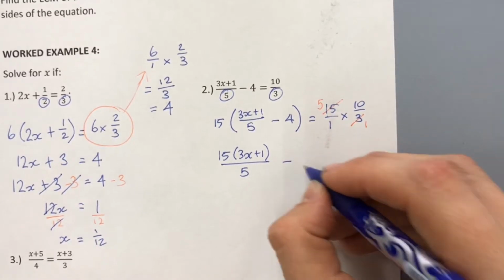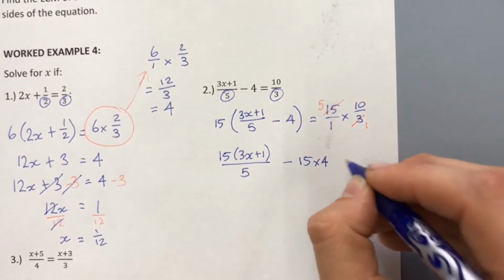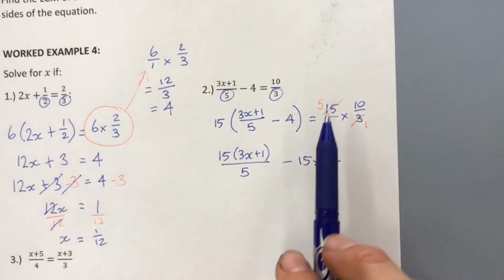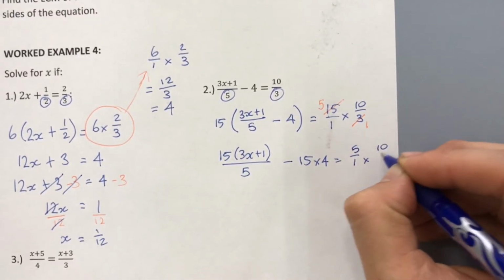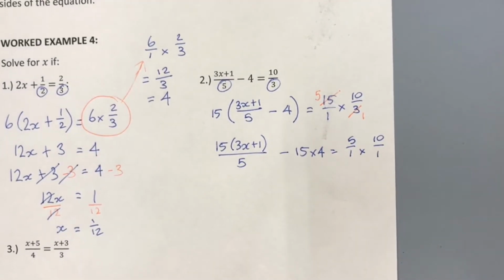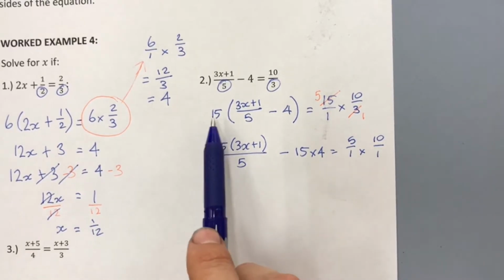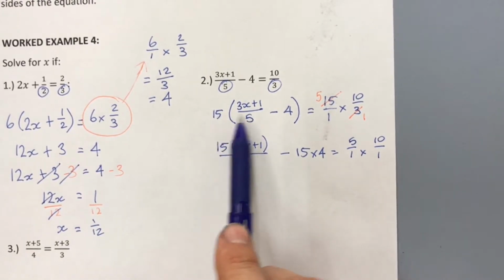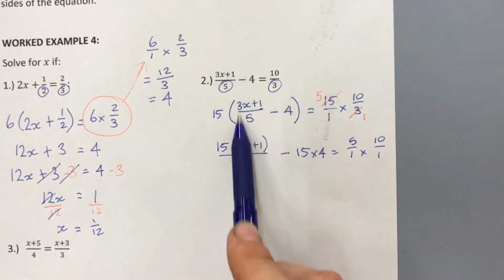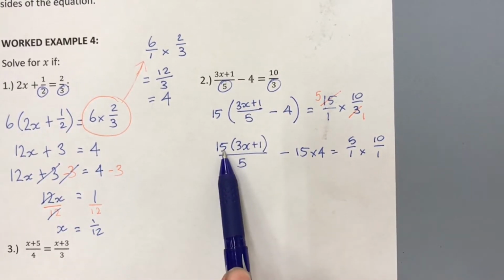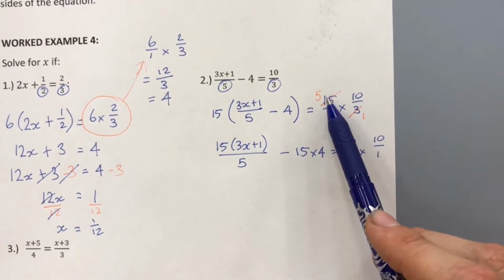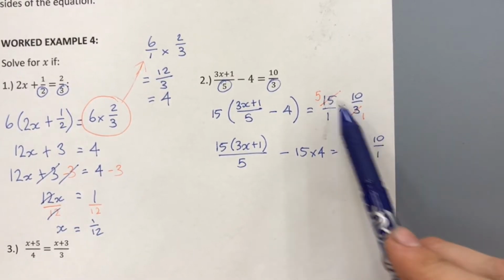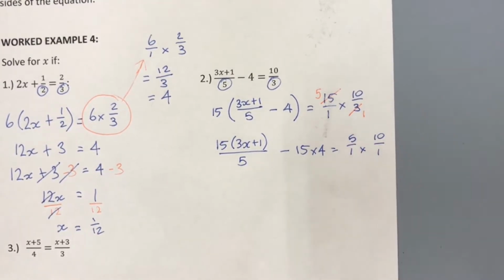And we're going to get 15 multiplying 4. Okay? And all up on this side of our equation, we've got 5 over 1 times 10 over 1. So all we've looked at doing here is take our 15, multiply this 3x plus 1 over 5 by that 15, multiplying the 4 by the 15, and then here we cancelled a common factor of 3 out just to make our multiplication of our fraction a little bit easier.